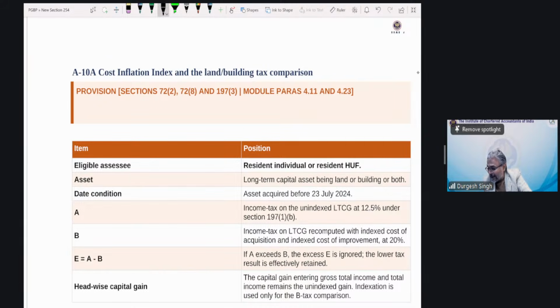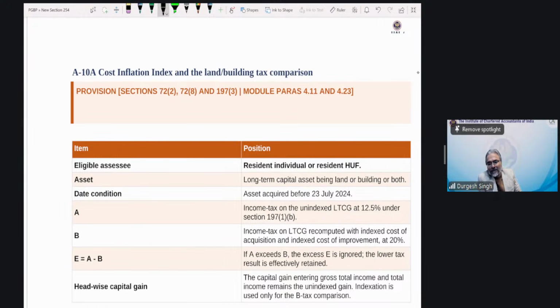So rebate or adjustment of unabsorbed basic exemption limit is available only to the resident, students, only to the resident. So if you are a resident, only then you are eligible for those particular adjustments, if at all available. Same way over here also, as you are reading right now, eligible assessee: resident individual or resident HUF.